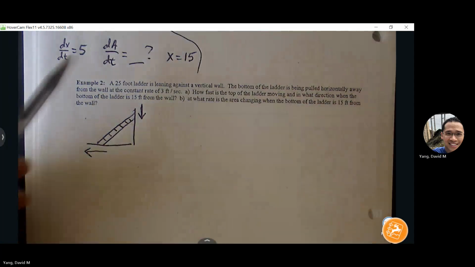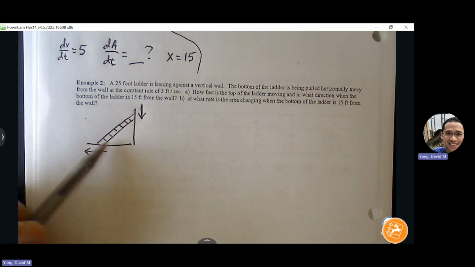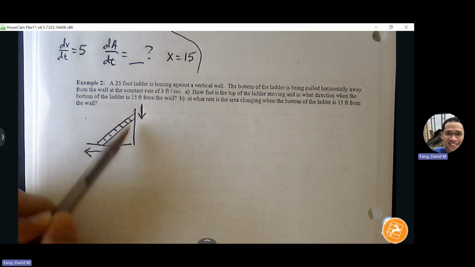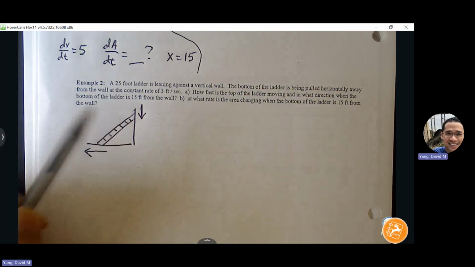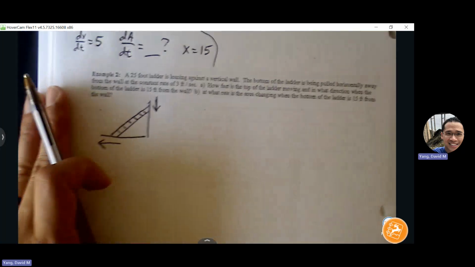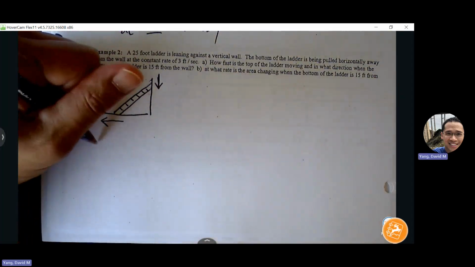feet from the wall? So we see first off that the relationship that we can build is that, what is the shape that you see here? Triangle, but more specifically, right triangle. We're involving information about the size of the right triangle. So the equation that will relate to the size of a right triangle is the Pythagorean theorem.